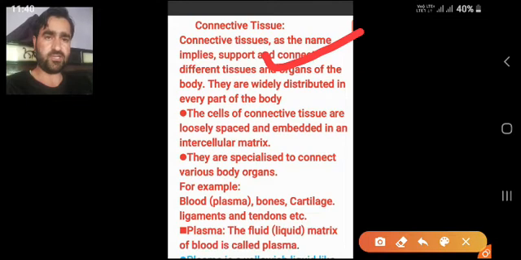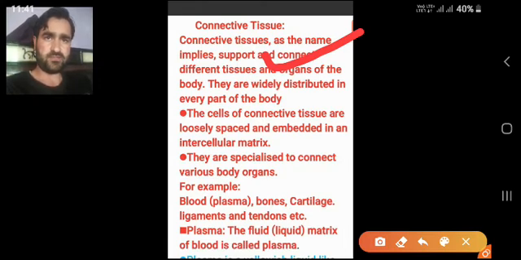Unlike epithelial tissue, where the cells are tightly held and anything that has to pass through the surface has to go through the epithelial tissue, in connective tissue the cells are loosely spaced. That means there are intercellular spaces between the cells. They are specialized to connect various body organs. As I told you, the main function of connective tissue is to provide connection and support to various body organs.